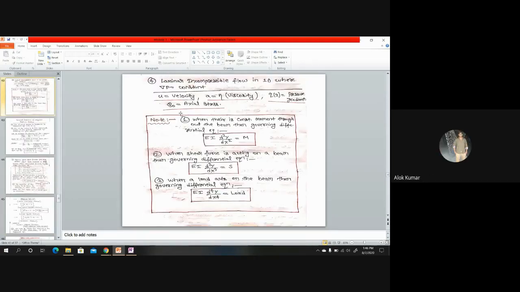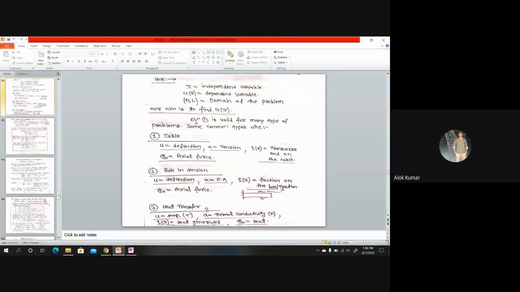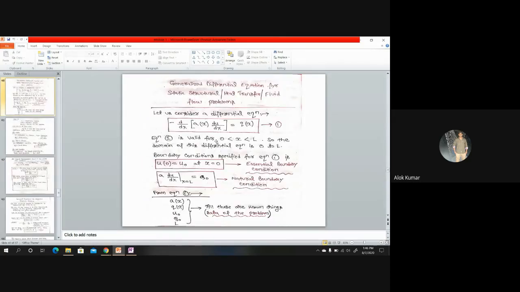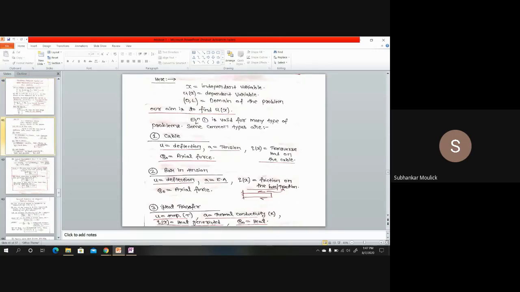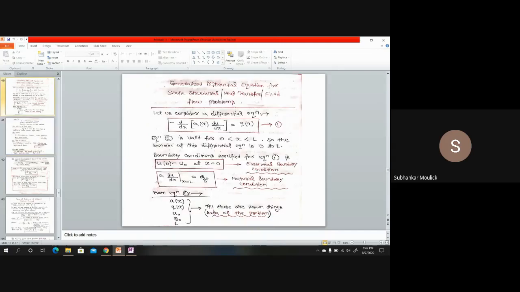Similarly, the differential equation pattern will be the same as given in this slide. The differential equation may or may not be given in the problem. If it is not given in the problem, you can take this pattern, and if the problem is of heat transfer, you can substitute the values. If the problem is of bending, say a cable undergoing bending or some deflection, you can change the pattern.